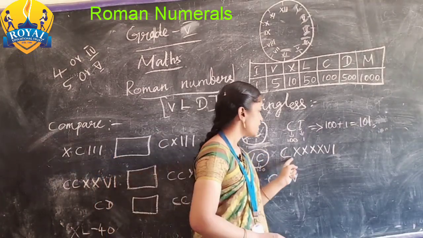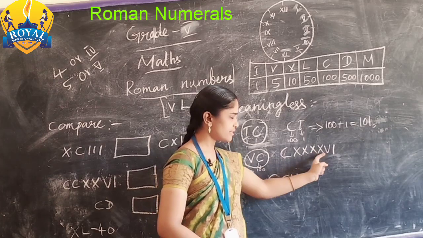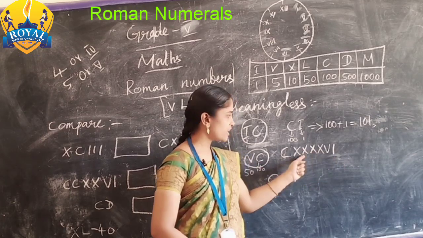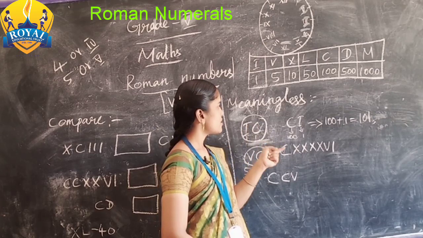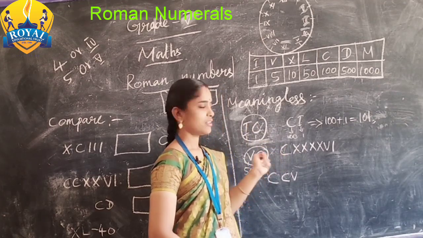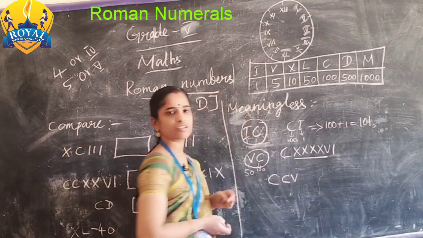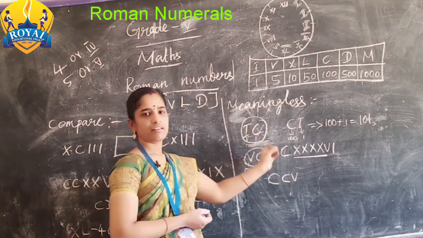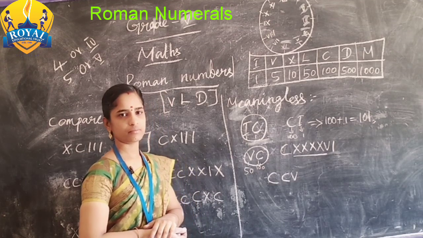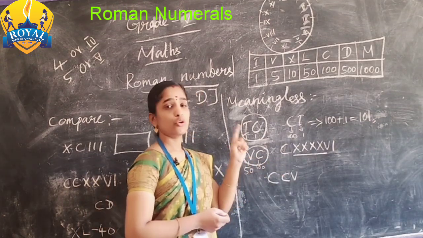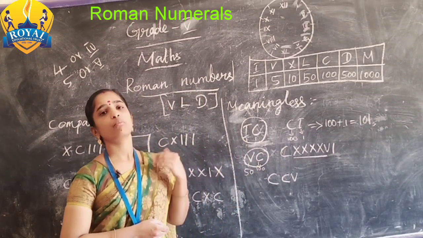The next one, CXXXXVI. Can you guess? Is this meaningful or meaningless? Yes, meaningless, because X is written 4 times. Okay student, no numeral can be repeated more than 3 times.